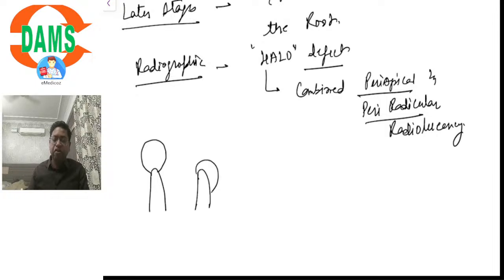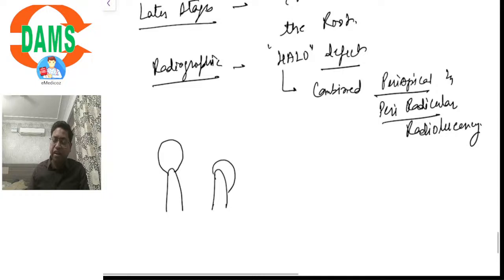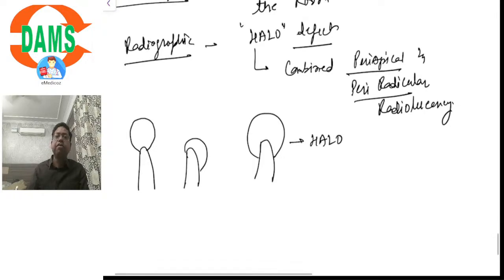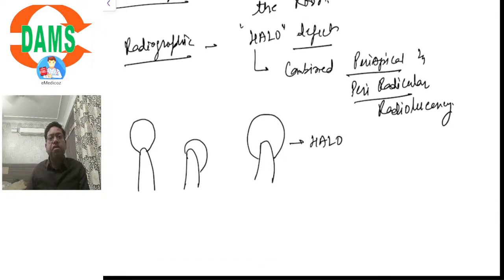A lesion like this is called a periradicular lesion, and a combined lesion, periapical and periradicular, like this is called a halo. It circumscribes the apical one third of the root, extending to the periapical tissues. This halo develops in the later stages of vertical root fracture and it is characteristic of VRF. Another radiographic sign that is present is the J-shape lesion.